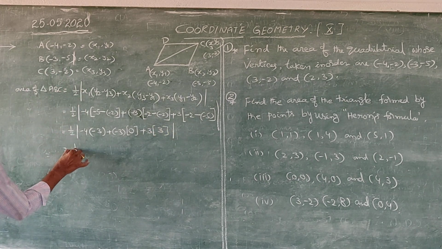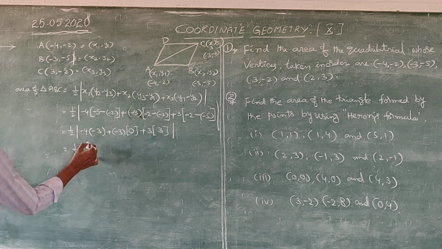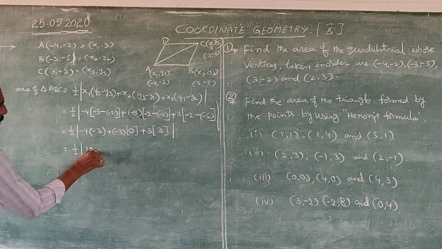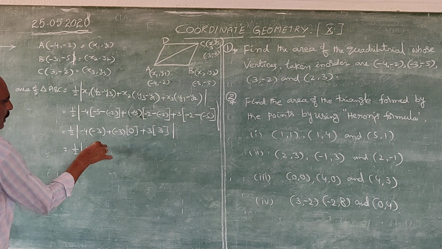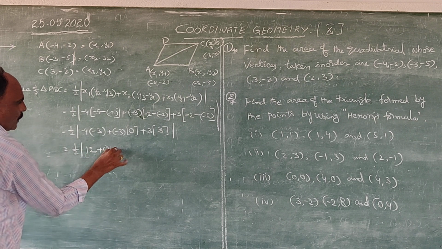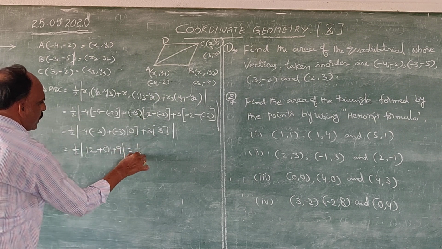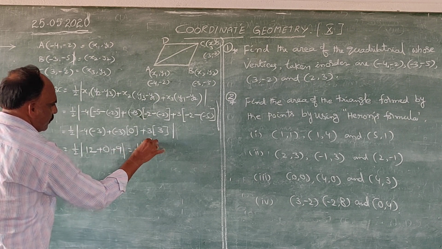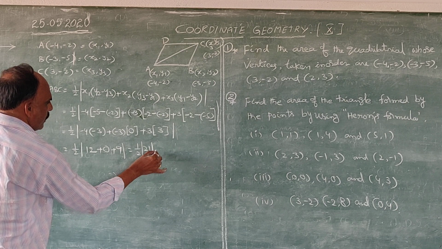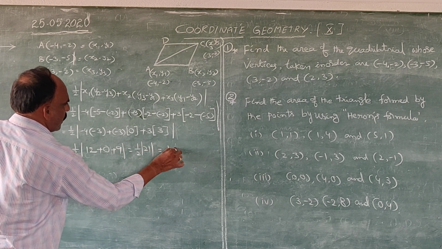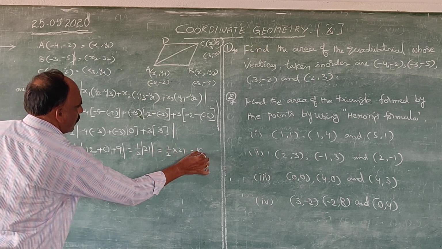That is equal to half modulus of (-4 into -3) plus (-3 into 0, which is 0) plus (3 into 3, which is 9). That is half modulus of 21. Then removing the modulus, that is half into 21, which is equal to 10.5.